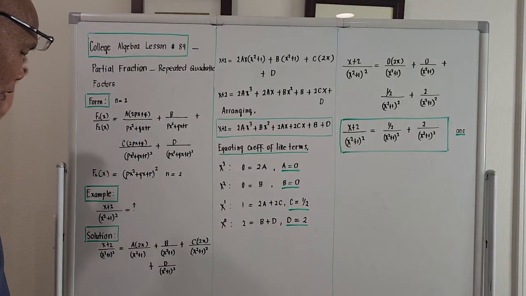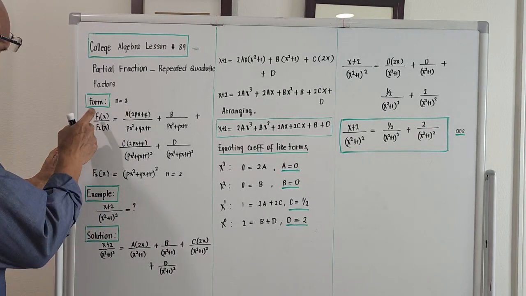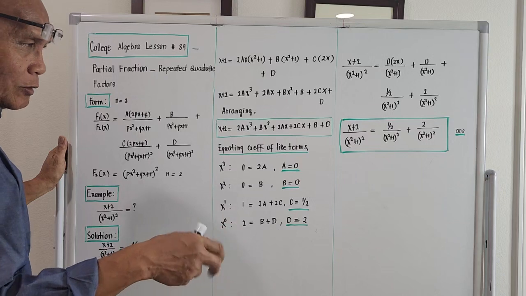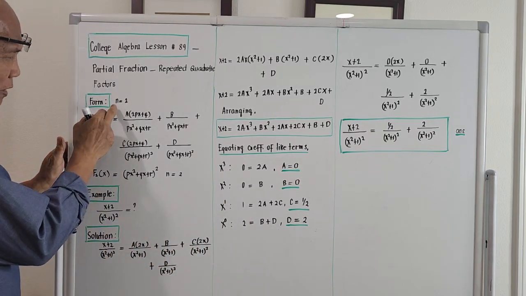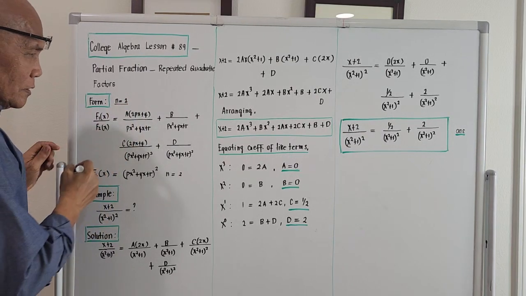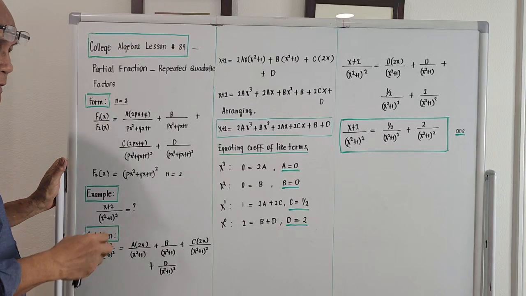Let's try to bring out the form for case number 4. To be specific, and we don't want to overload our minds, we let n is equal to 2. So we simplify the writing of the form.